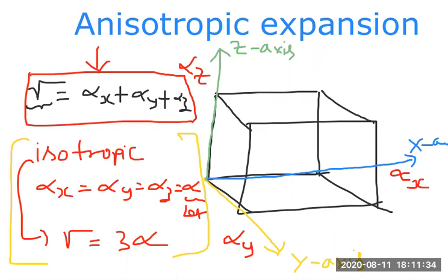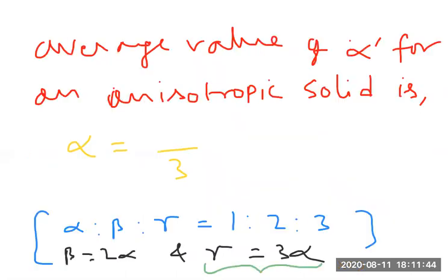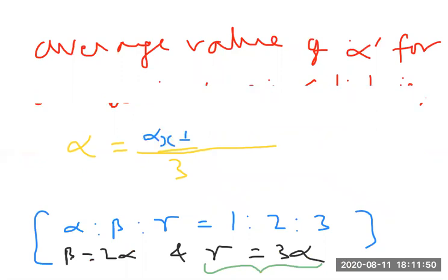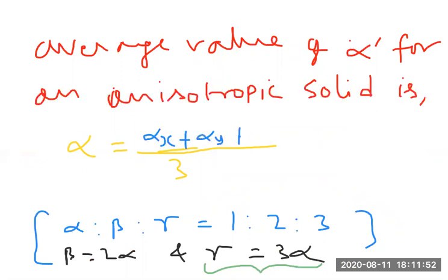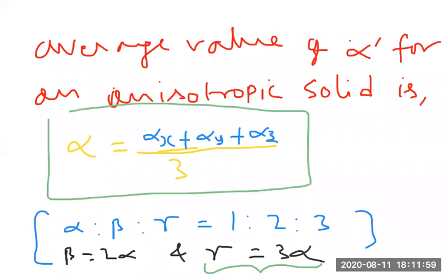So the volume coefficient of expansion can be written as alpha x plus alpha y plus alpha z. Now alpha is equal to alpha x plus alpha y plus alpha z, divided by 3. That is the formula I got. So this is the information about anisotropic solids.